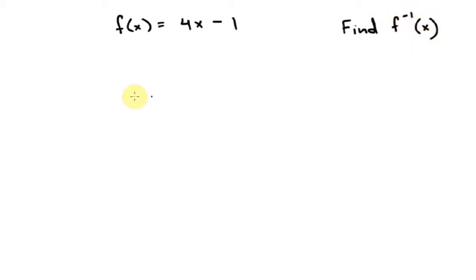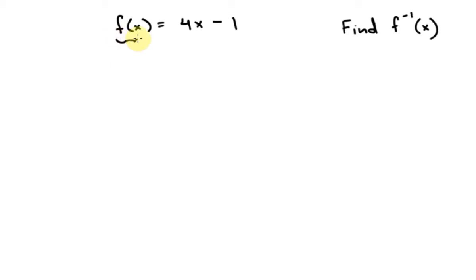Okay, so first little example, let's say we had the following function: f of x equals 4x minus 1. Our job is to find f inverse. Okay, so away we go.